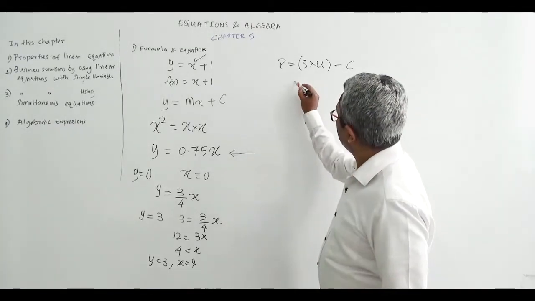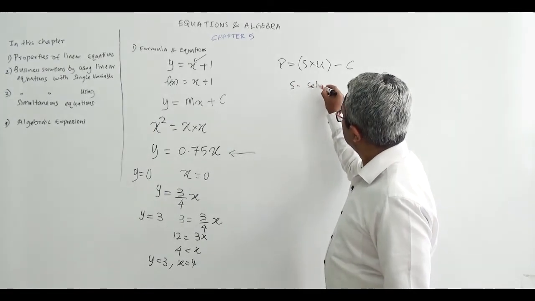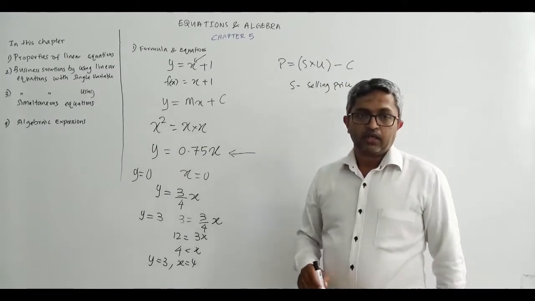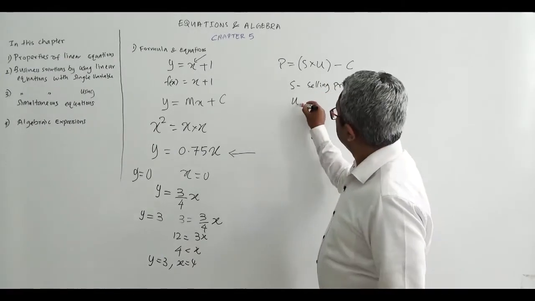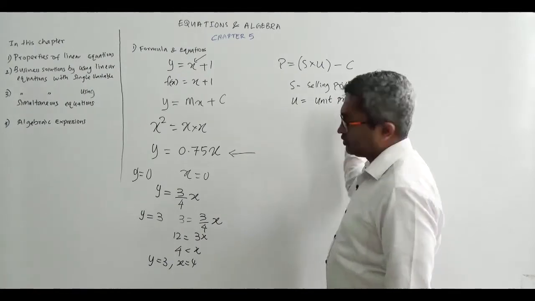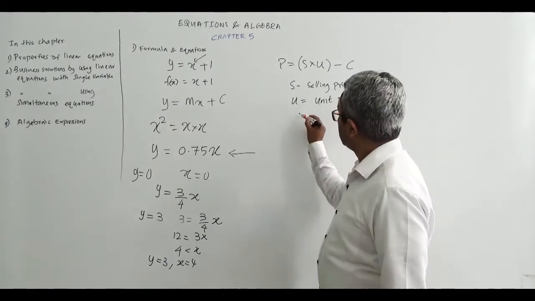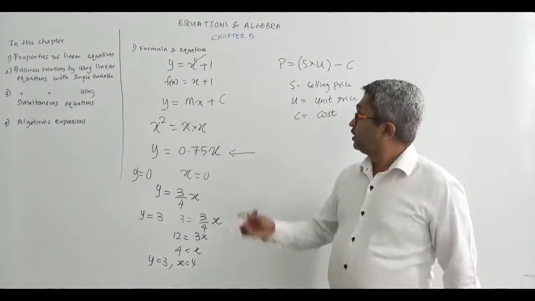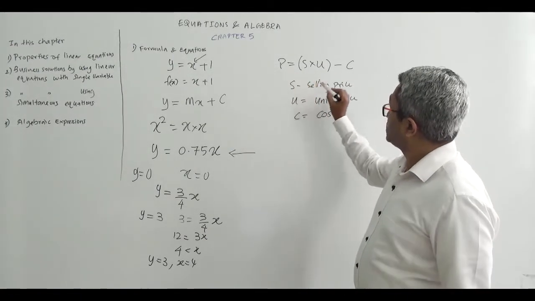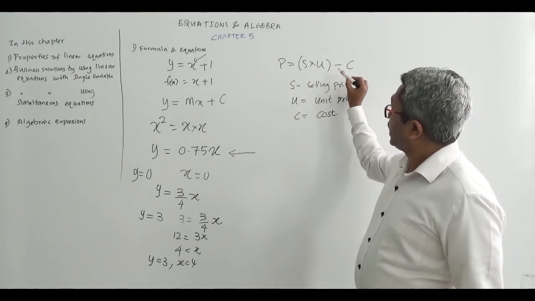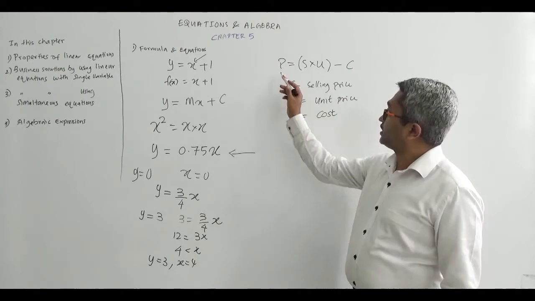S is the selling price, and U is the unit price, and C is cost. If you take this one, profit equals, right, selling price into unit price minus cost. So that is the profit.